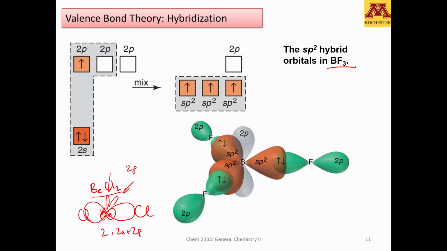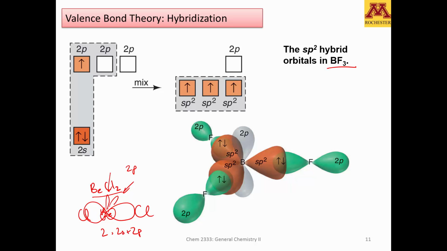So what would the hybridization look like for boron trifluoride? In this case, boron is the central atom, and it needs to form three hybrid orbitals to combine with the three fluorides. And the larger the overlap between these orbitals, the stronger the bond will be.